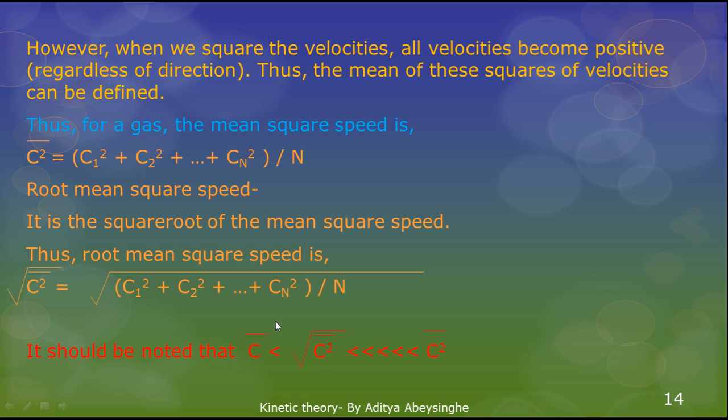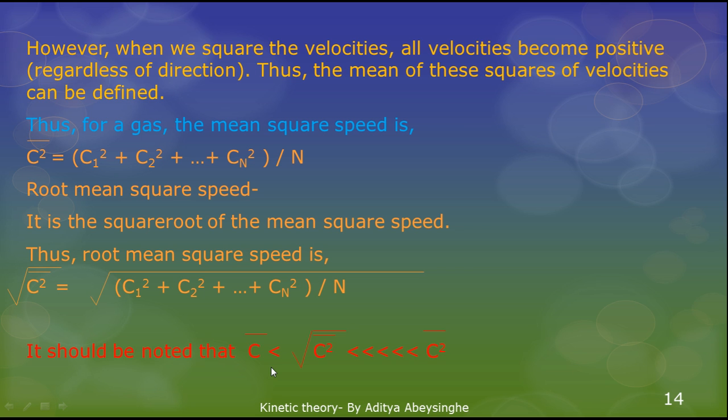So we can note that for any gas, whether it has 2, 4, 6 or an infinite number of molecules with various magnitudes of speed and velocities, C bar, the mean speed of the molecules, is only a little smaller than the root mean square speed, but both these magnitudes are far smaller than the mean square speed or the mean square velocity.